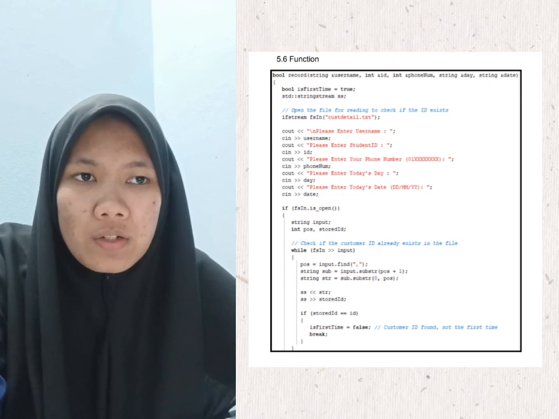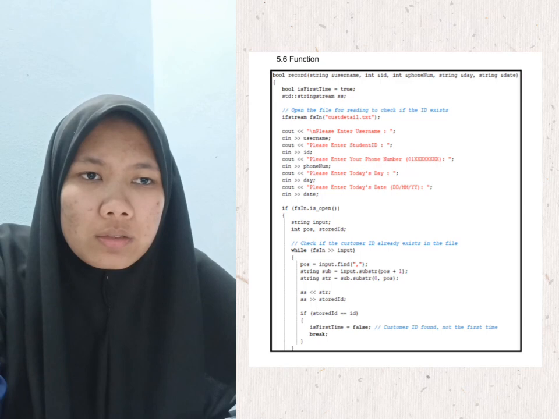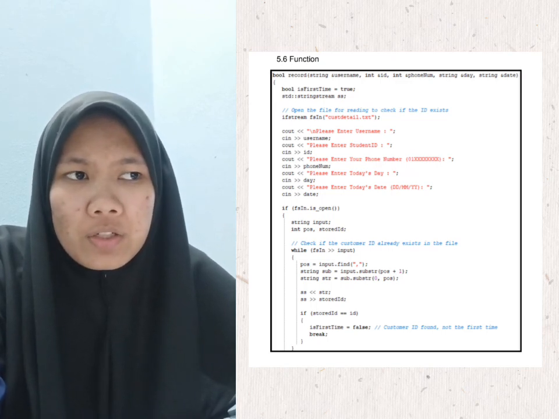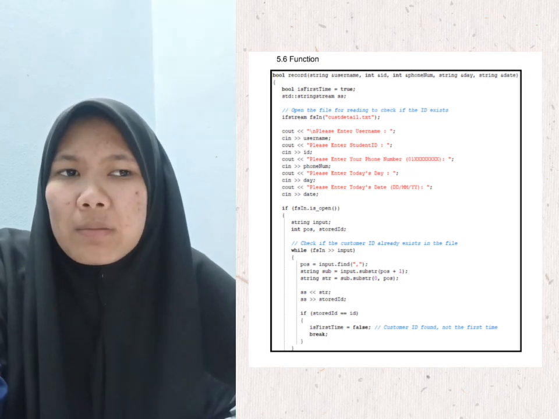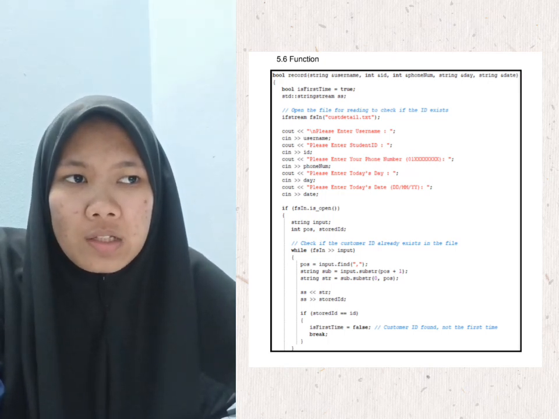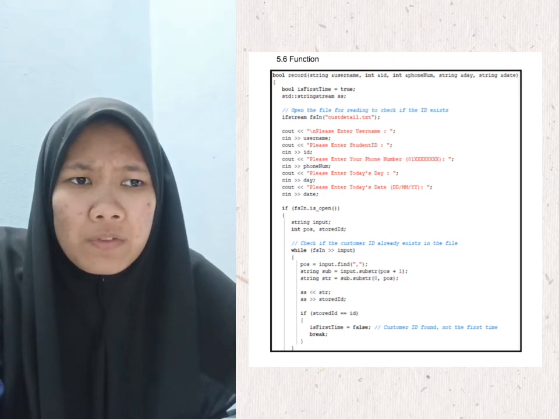And then second is the record function, bool record. This function handles the recording of customer details, including checking if a customer with the given ID already exists, and it returns a boolean indicating whether it's the customer's first time.